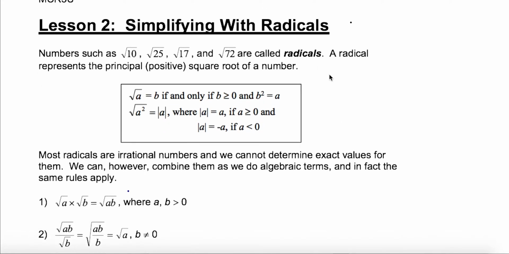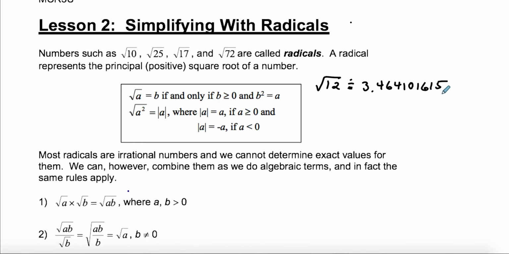Sometimes in math, maybe you have seen somebody write something like the square root of 12. And up until now, it's been okay for you to use your calculator, and maybe you've seen a teacher say that the square root of 12 is approximately equal to 3.464101615.